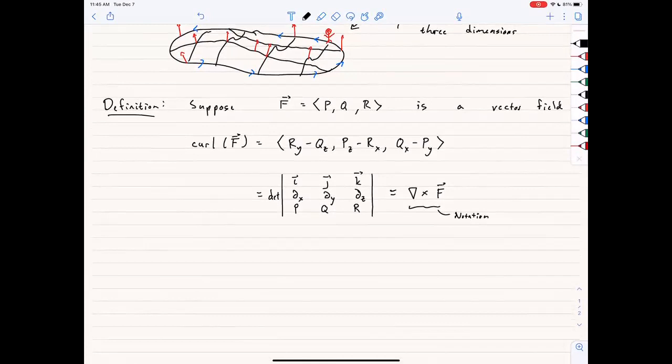Now, one thing to notice. So first thing to note, curl takes as inputs vector fields, and it outputs vector fields.